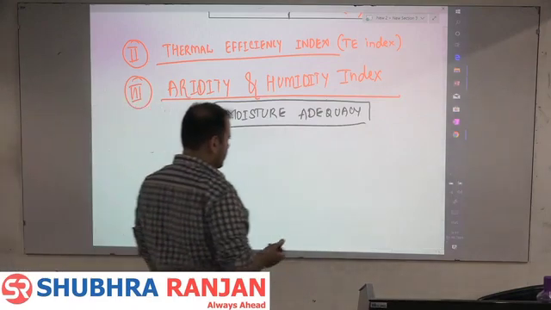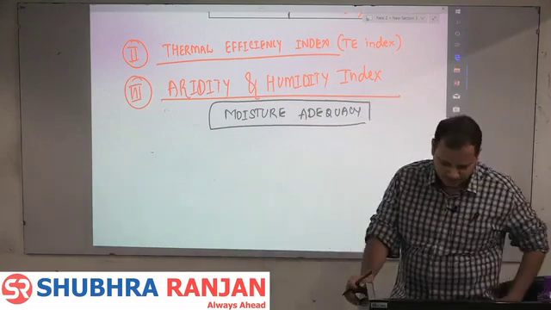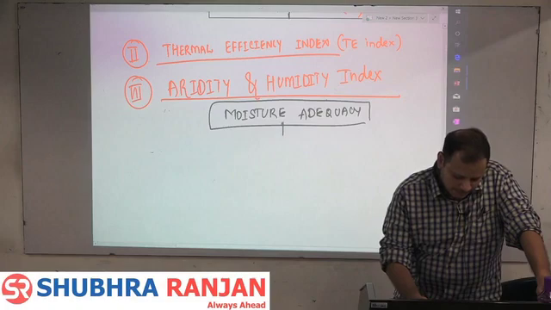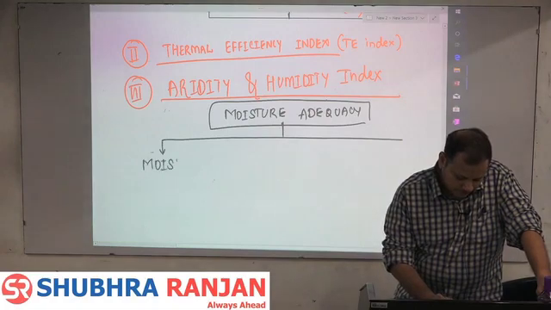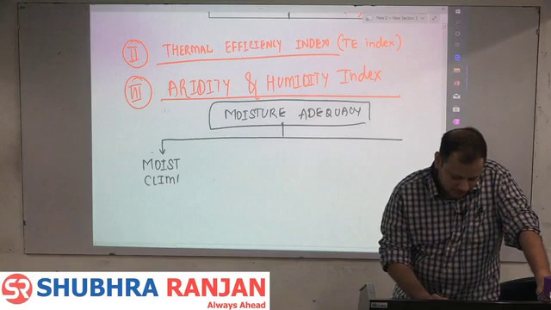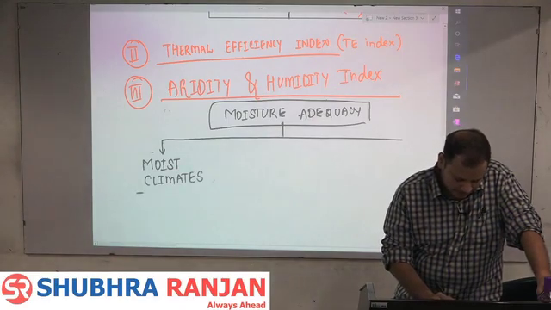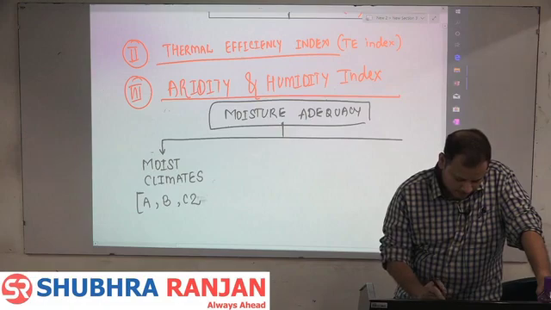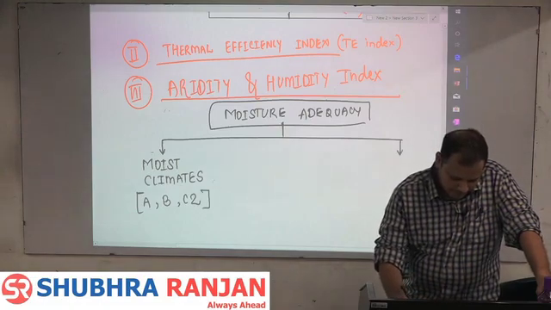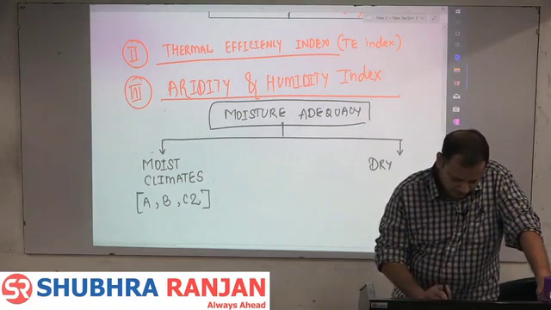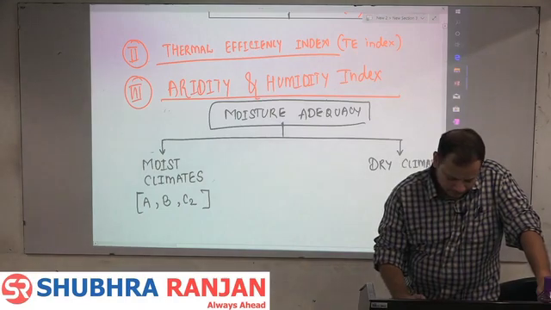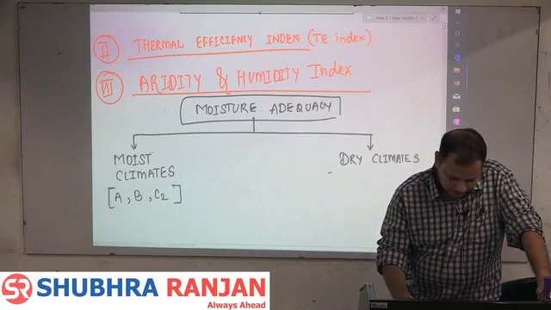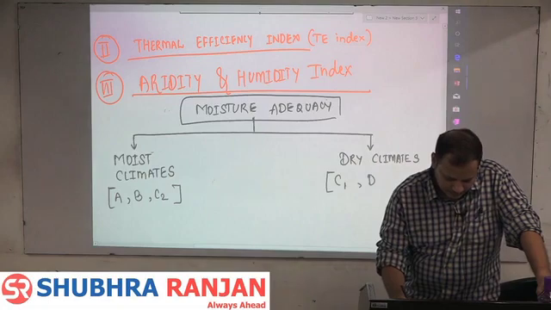Seasonal distribution of moisture adequacy or adequate amount of moisture, and divides the climates into moist climates A, B, C2 and dry climates C1, D and E.